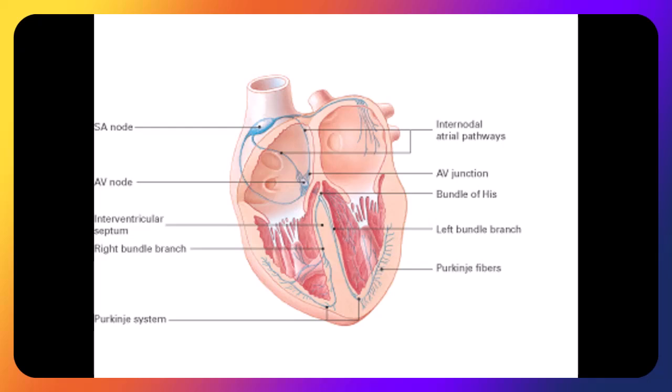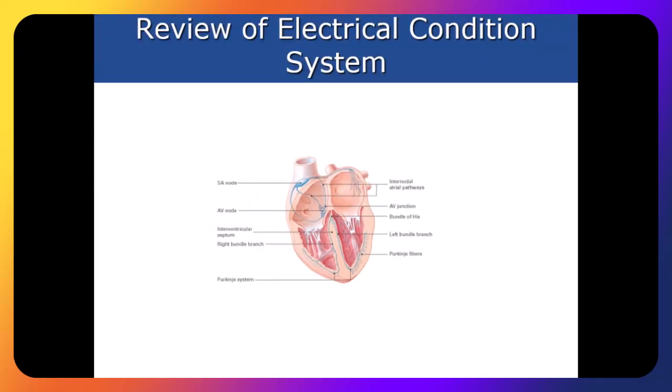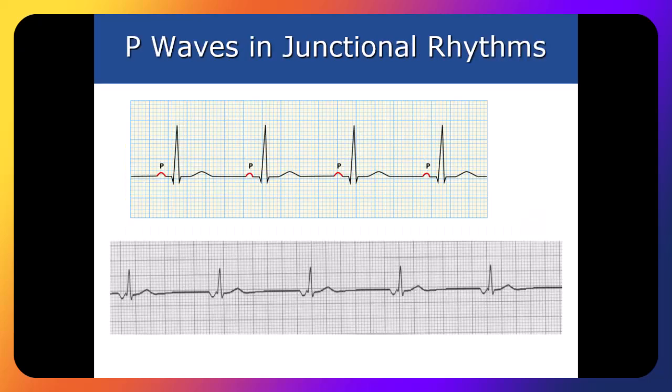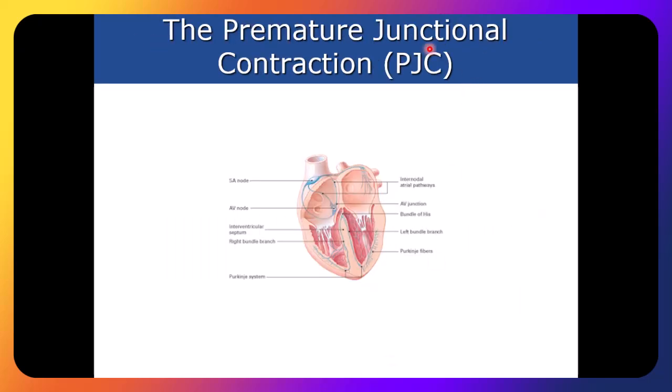Let's look at some rhythms. Remember we talked about premature atrial contraction, PAC. What did I tell you that you needed to remember about PACs? Yeah, some of y'all forgot on your exam.